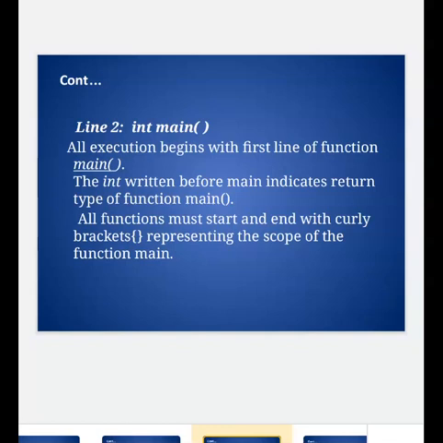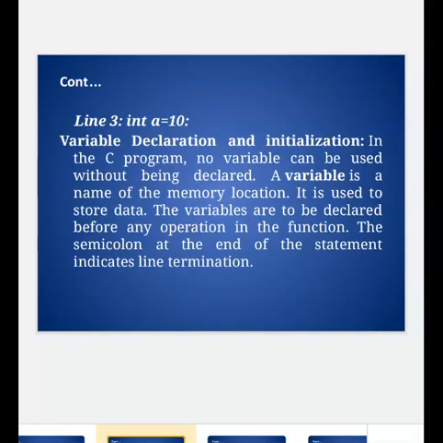And the third line is the declaration of the variable. Here the variable is an integer variable, so the syntax is int a, and a numeric value 10 is assigned to the variable a. So, int a = 10. In a C program, no variable can be used without being declared.